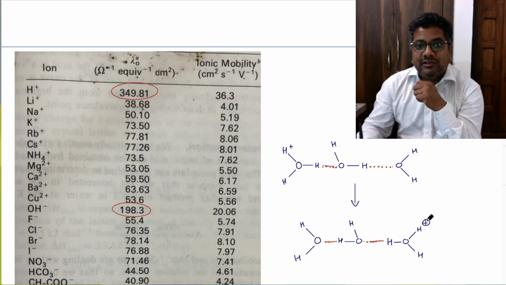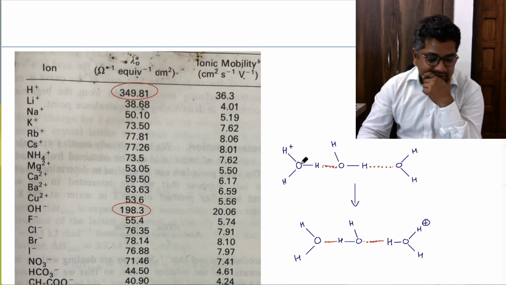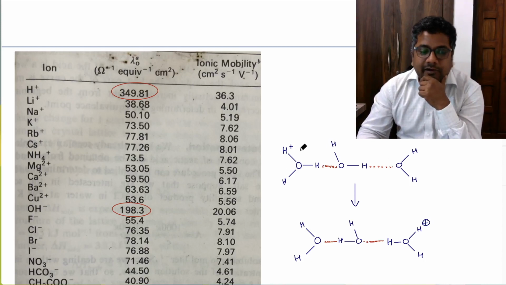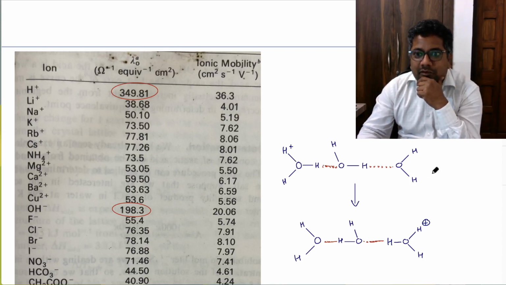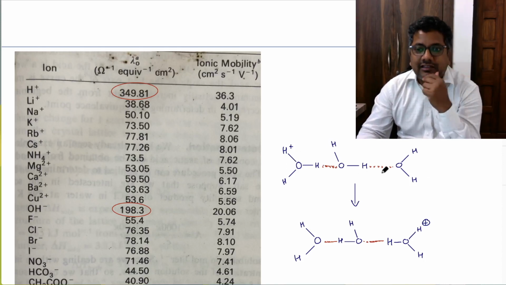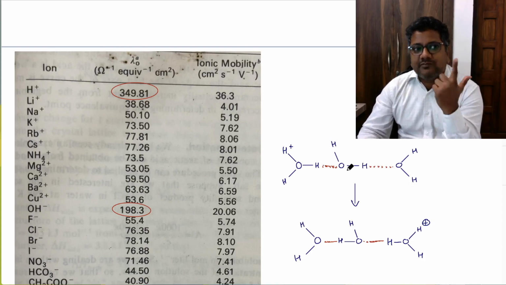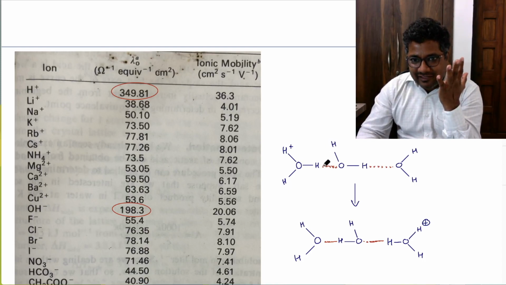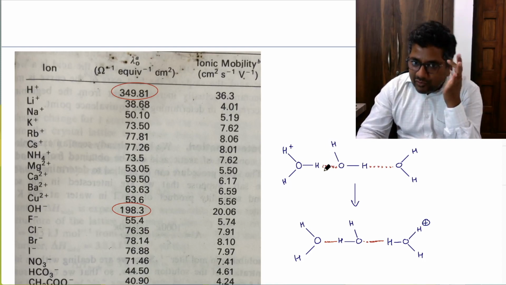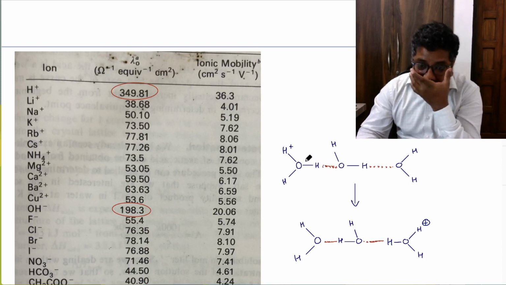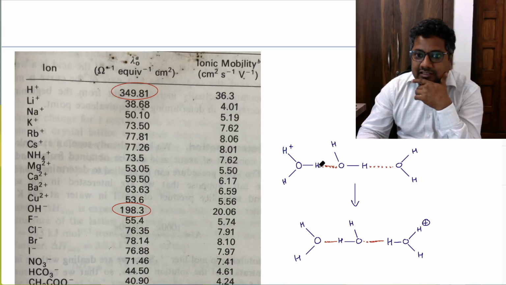You cannot say that this H plus will cleave from here and then move through the system. Not like that. Hydrogen bonding plays an important role here: the bond between this H and O is cleaved, and now this hydrogen makes a covalent bond with this and a hydrogen bond with this.